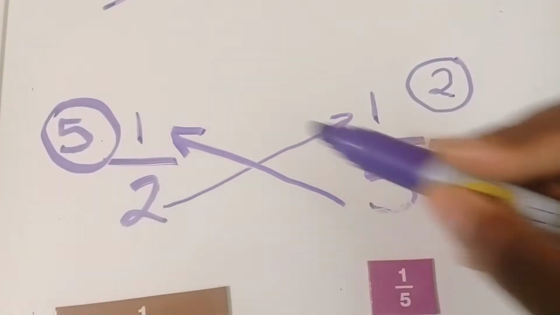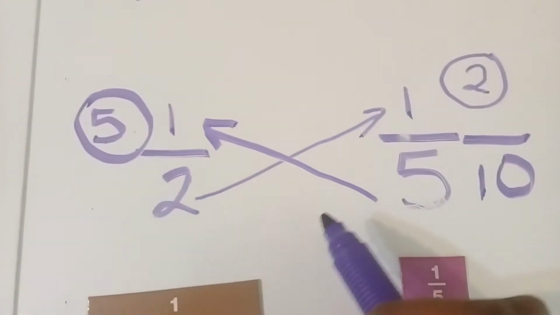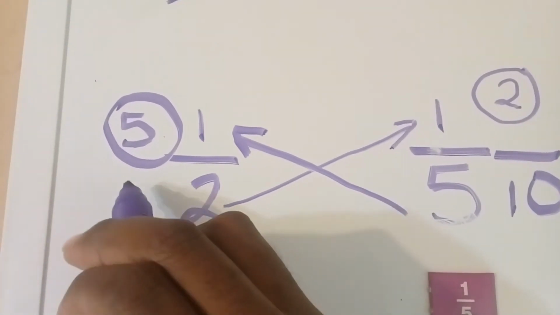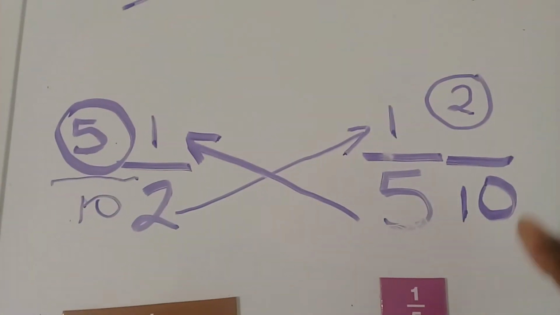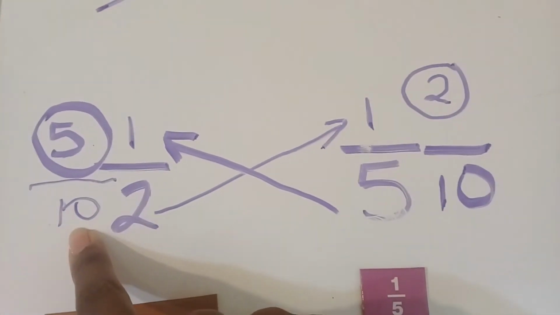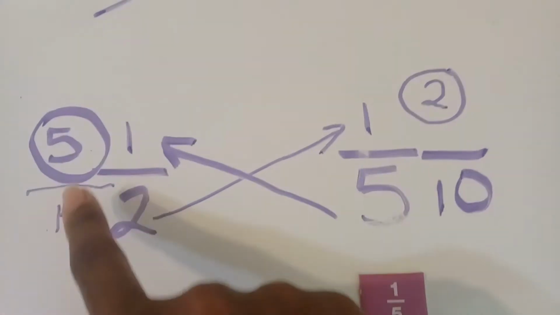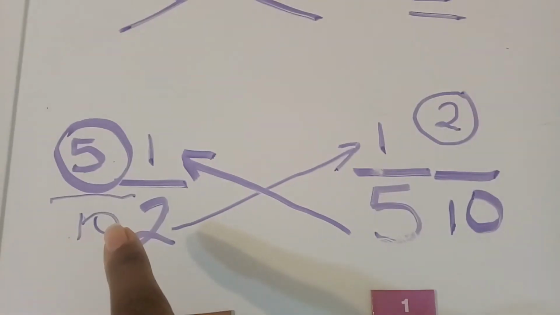If I do that to the other side, but I multiply by 5, I multiply the top by 5 and got 5, so I have to do the same to the bottom. 5 times 2, still 10. So what I've really done is created fractions with the same denominator so that I can compare them easily by just looking at the numerator. And in this case, this has the larger numerator, so a half is bigger.